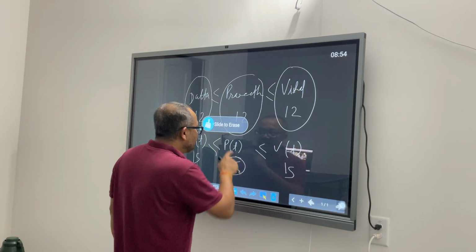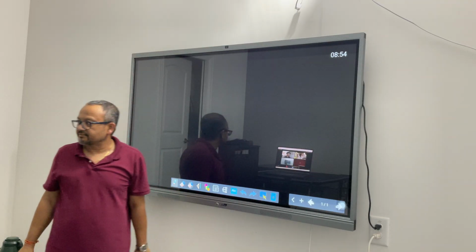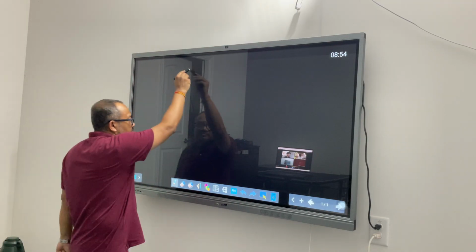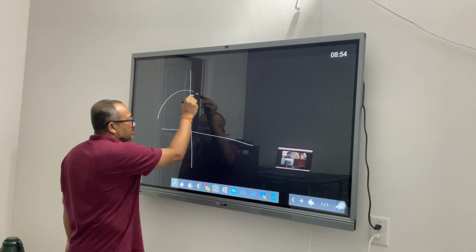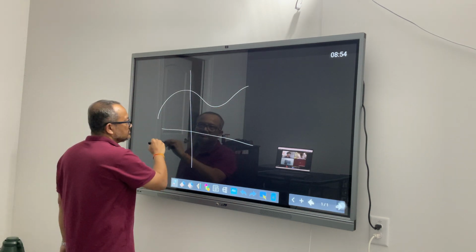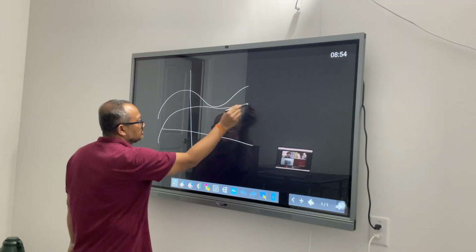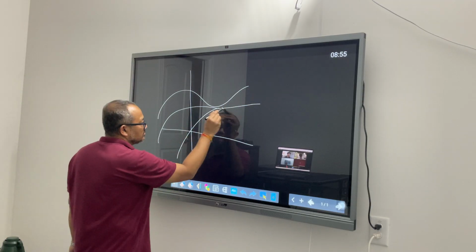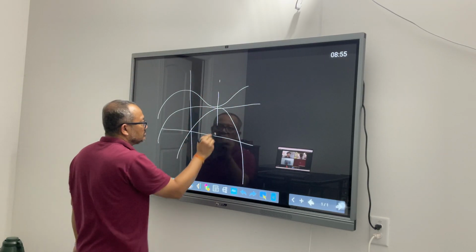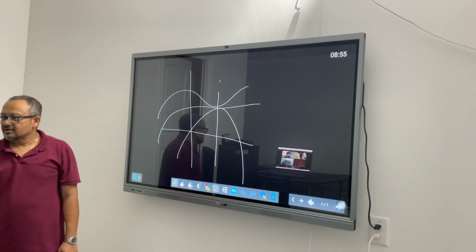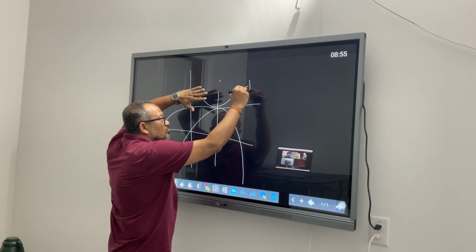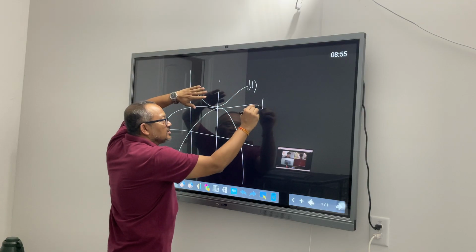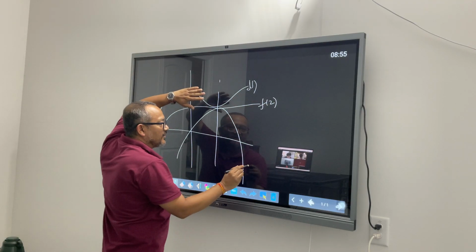Now, how would you relate that in the function scenario, or the limit scenario? There are three functions. This is function 1, function 2 and function 3.